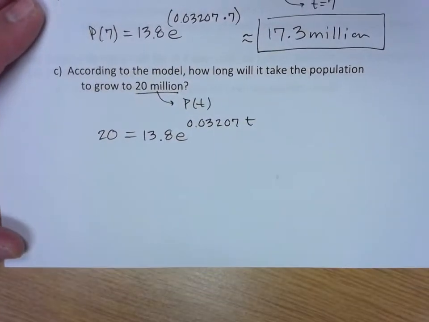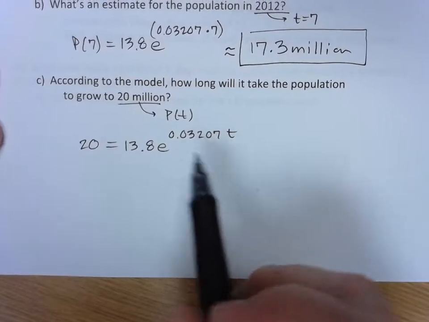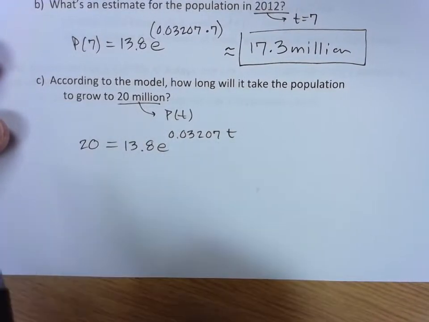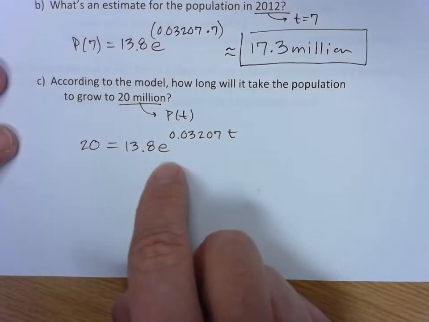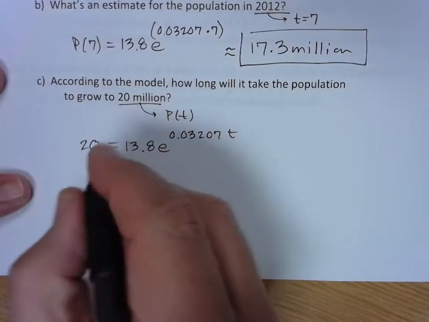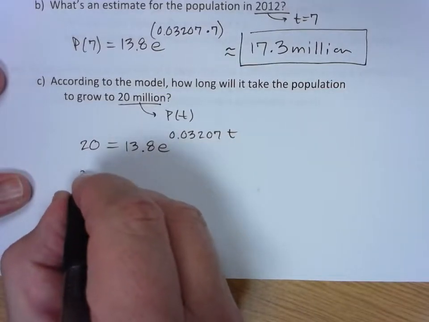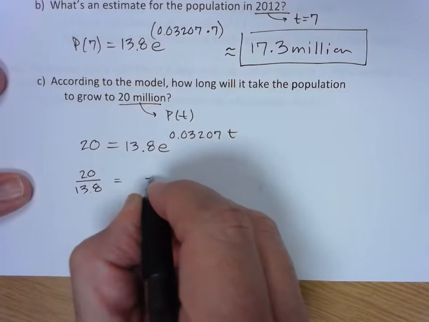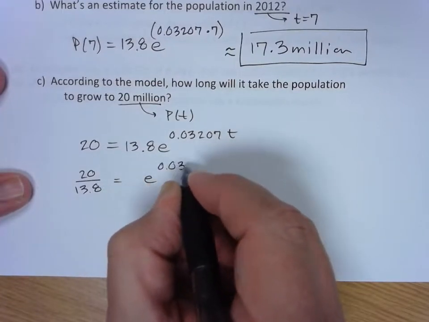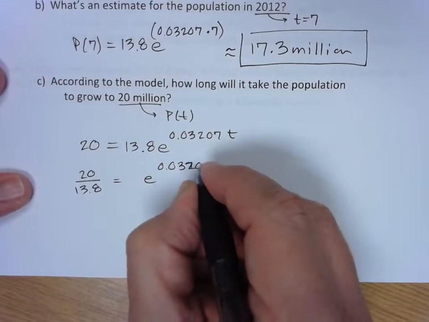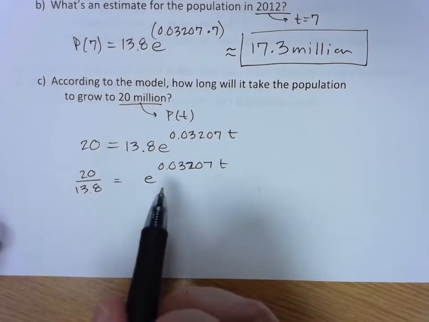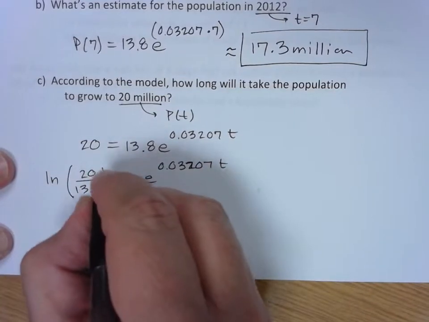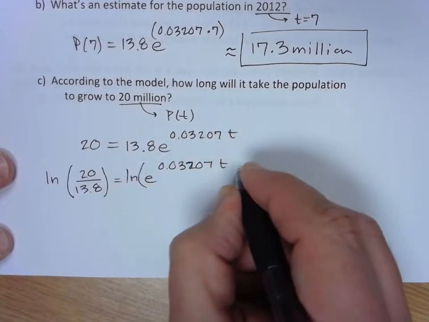And it creates an exponential equation to solve, similar to the one we solved earlier for k, but now we're just solving for t to get the time it takes for the population to grow to that amount. So exponential equation, get the e by itself, divide that 13.8 across, and then I want to get the variable out of the exponent, so this is when I need to use the natural log cancellation property for exponential base e.